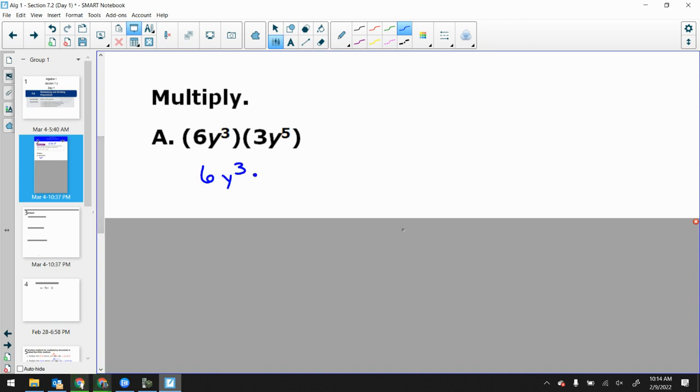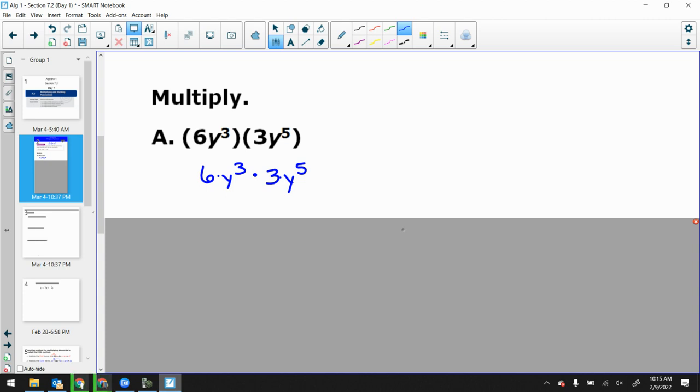So essentially, this is where we're at: 6y to the third times 3y to the fifth. What's the operation in between the 6 and the y to the third? Multiplication. What's the operation in between the 3 and the y to the fifth? Multiplication. So I've got multiplication everywhere. That means that I could group in any order and it will not change the outcome.